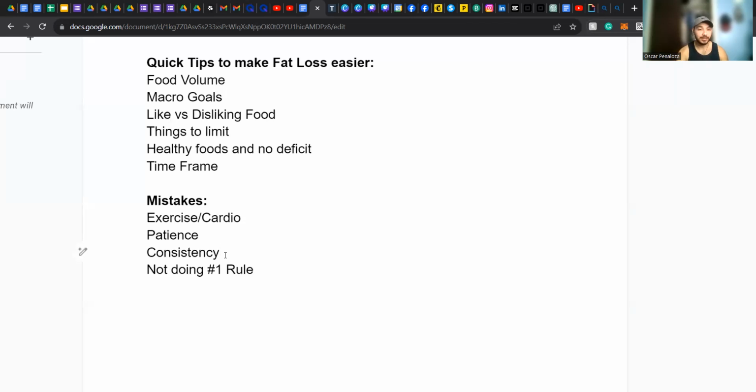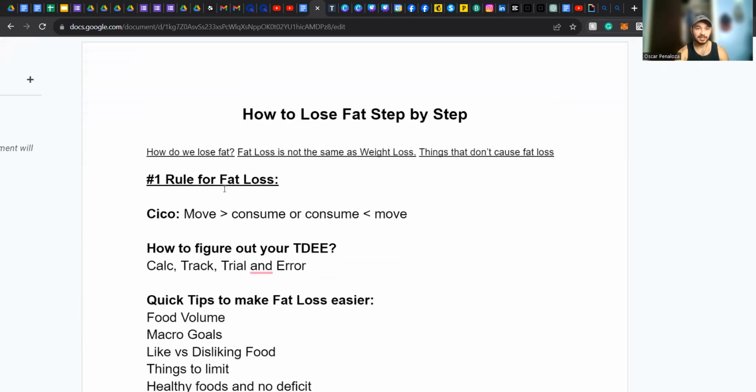That's not to say that you did anything bad. It's just what happens, and we have to plan around that. And then ultimately, if you're not losing fat, you're not following rule number one: you're not in a calorie deficit. And I think that pretty much goes over all the things that I want to talk about today.